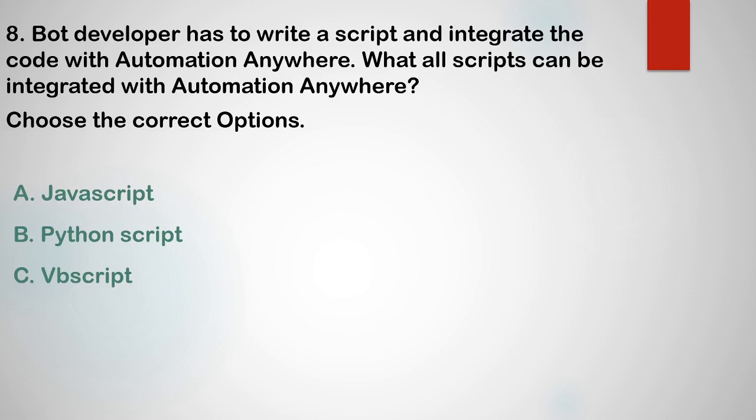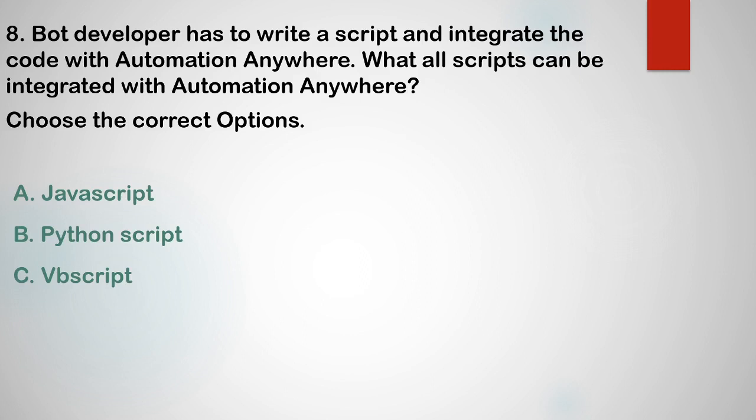Also, I wanted to give you one suggestion regarding the certification. When you appear for the certification, on the screen you will have one question with different options. You will also have a previous and a next button. When I appeared for the certification, that previous button was not meant to move to the previous questions. I didn't get any option to move to the previous question, so I attempted the questions in one go.